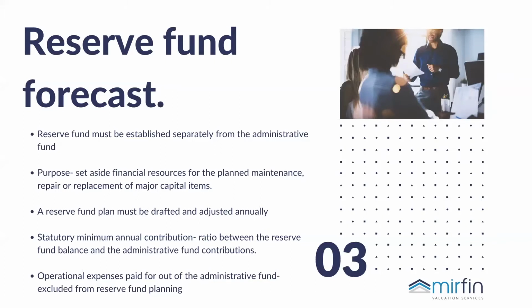The reserve fund forecast. We all know that the reserve fund is directly linked to the maintenance, repair, and replacement plan. But what the Act requires is that a reserve fund must be established and must be separate to the administrative fund.